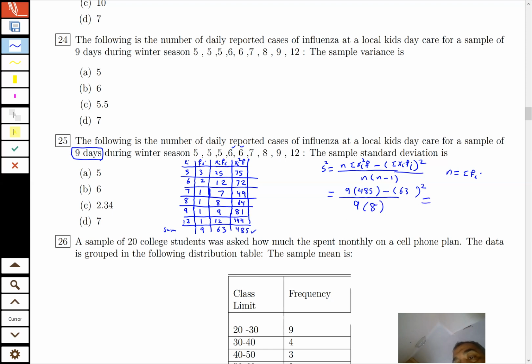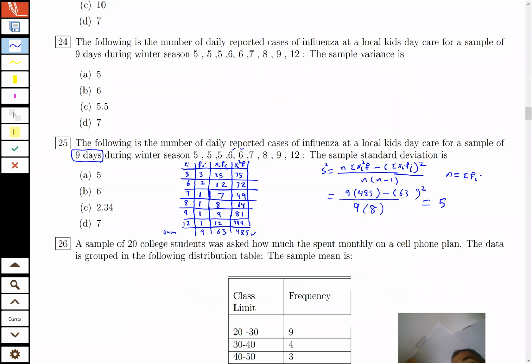Be careful, he is not asking about the variance, he is asking about standard deviation. So what I have is 9 times 485 minus 63 squared, divided by 9 times 8. That will give me 5.5, but that's not our answer. Be careful, even if it's written here 5.5, that is not our answer.